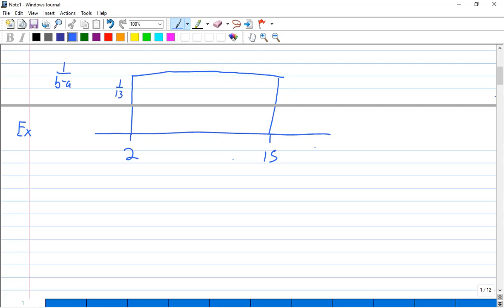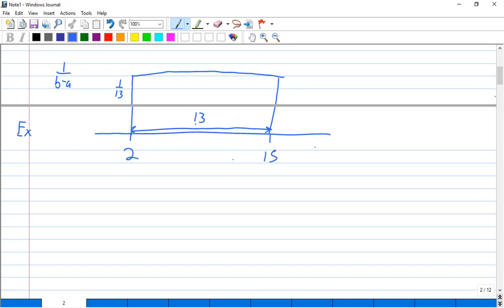Now, there's a couple of ways to work these problems, and I don't always write down the height because I kind of use a little bit of common sense, and I'll show you what I'm talking about. What is the distance between 2 and 15? We just figured that out, didn't we? The distance between 2 and 15 is 13 units, like from here to here.